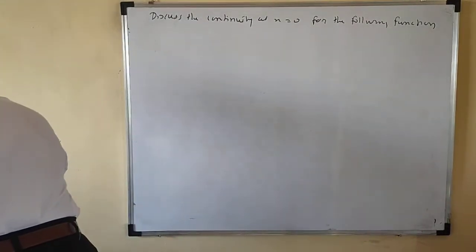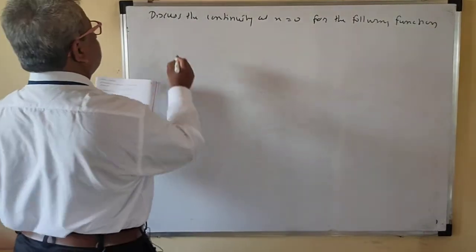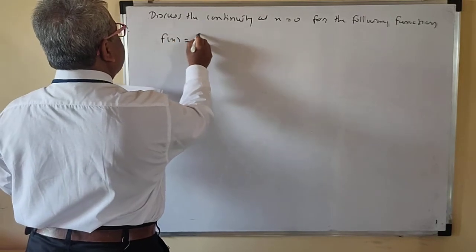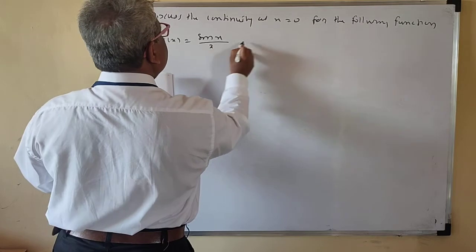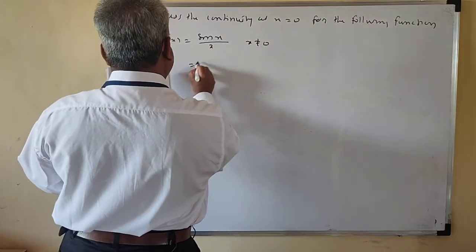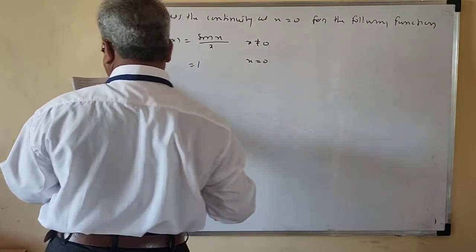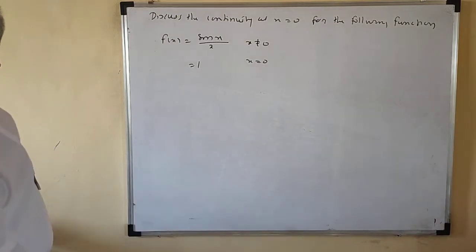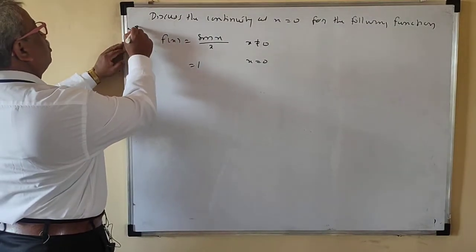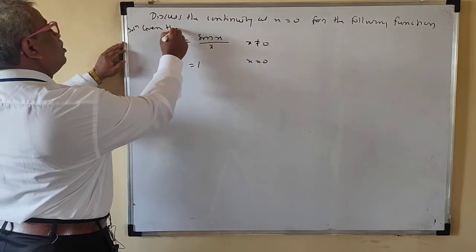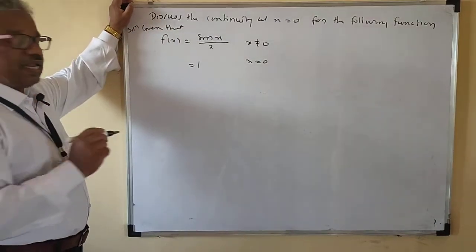Okay. Next, discuss the continuity at x is equal to 0 of the function f of x is equal to sin x upon x, x not equal to 0, and 1, x is equal to 0. Okay, solution. Given that, we have to discuss the continuity at x is equal to 0.